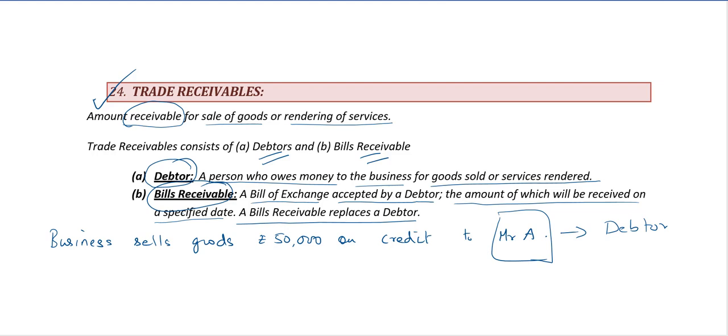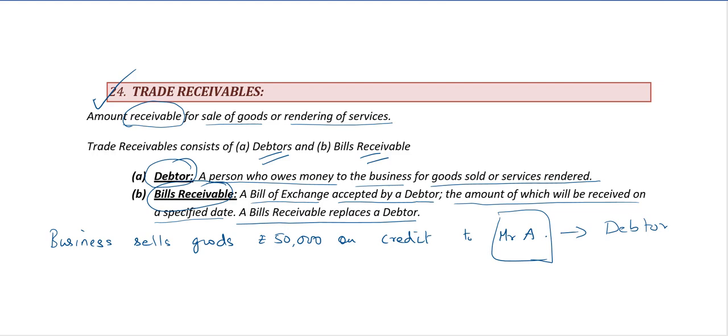Now, if the business so wants, it can ask the debtor, Mr. A, to accept a bill of exchange, promising to pay the amount of 50,000 on a specified date. Once Mr. A accepts the bill of exchange, the asset changes from debtor to bills receivable. That is, the bills receivable will replace the debtor.